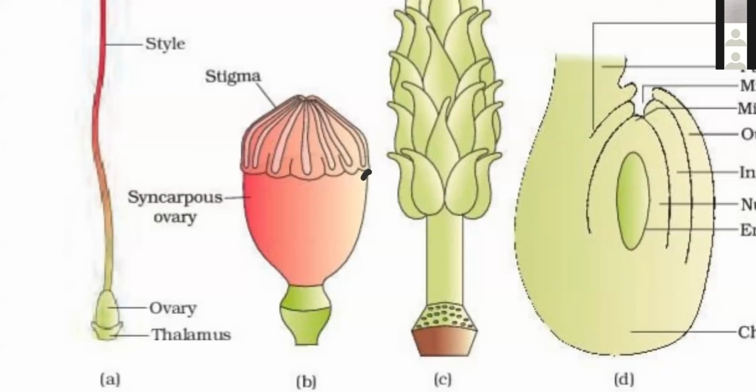Let me revise by asking this thing. Point number 1. Megasporangium's another name. It is also identified as what? An ovule. Now all of you should participate. It's for you, not for me.